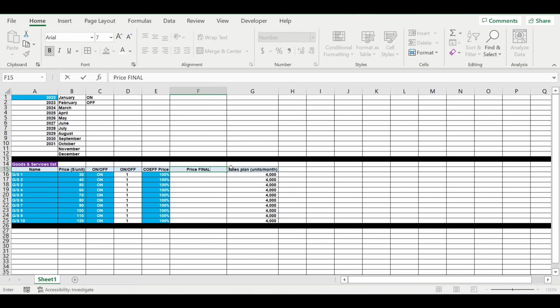Price final. Price will be this multiplied by this. So for example, if we want to completely switch off goods or service number 6 from calculations, we will do like this. We will have 0 here, or we just want to decrease the price by 50%, and that's it. So we can use different coefficients to play with data.